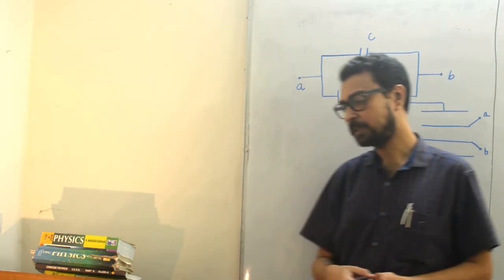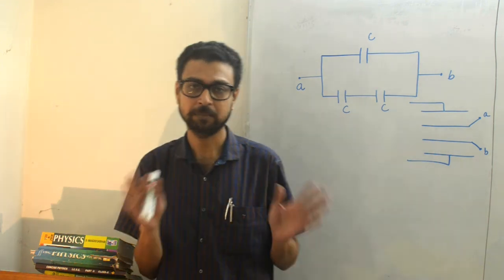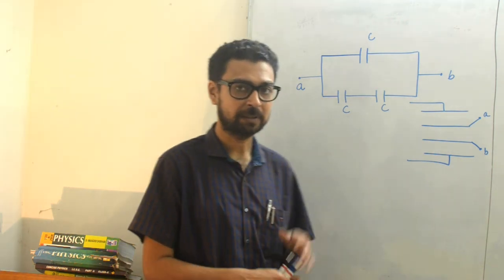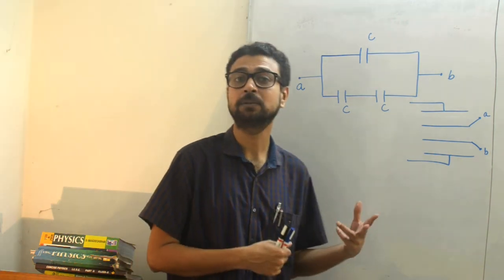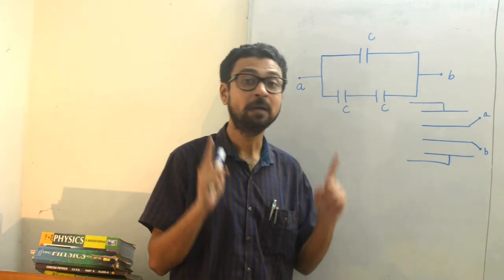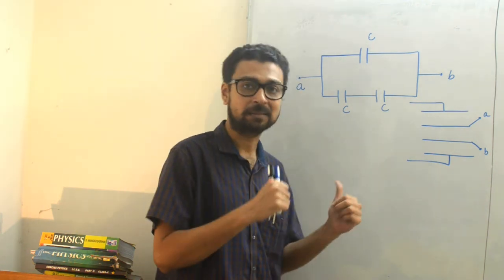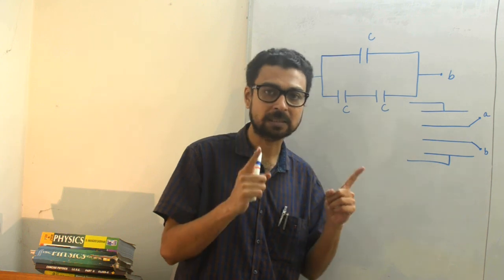Now we are into solving the problem. Here I have redrawn the circuit, whatever diagram was given in the sum. As I was telling you, think about the concept. Formula will come later. First you have to understand what concept you should apply.